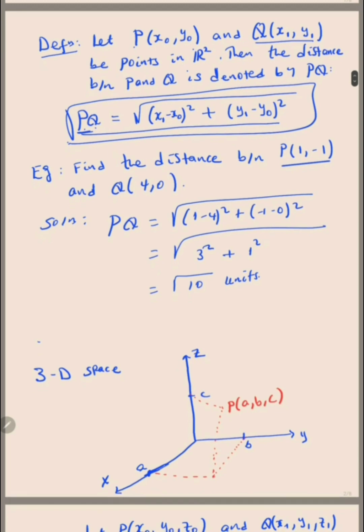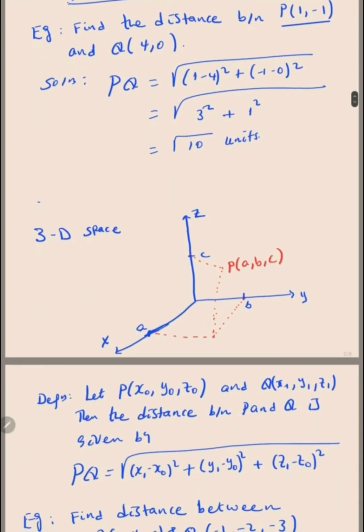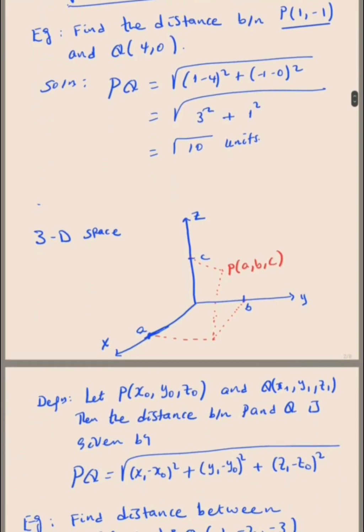In a similar way, three-dimensional space is similar to the Euclidean space R3, and geometrically we can represent 3D space by using this here. So we have x, y, and z. Then we can locate a point A, B, C in 3D like this.